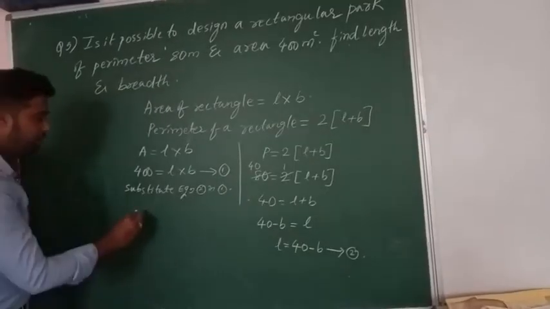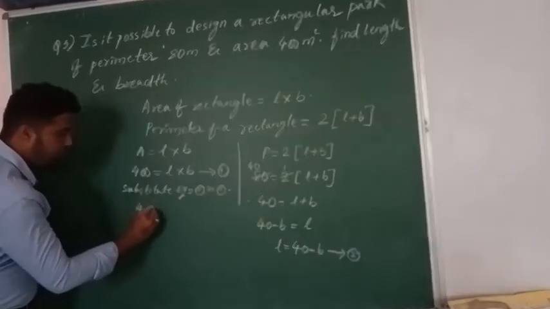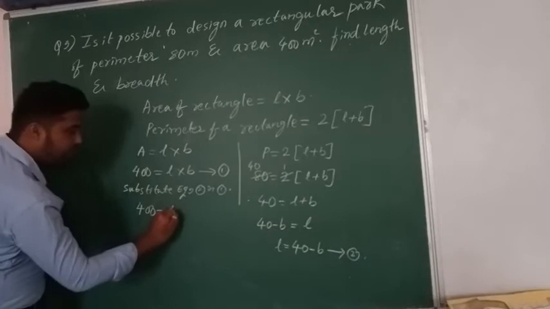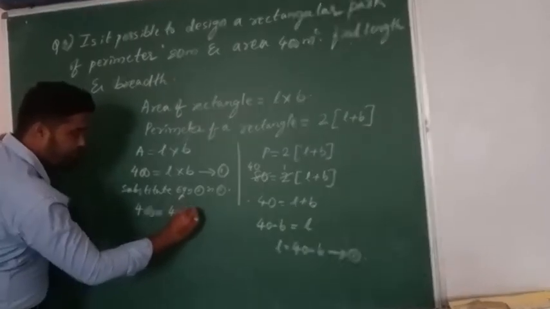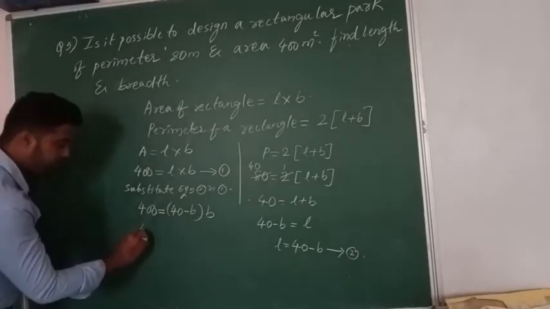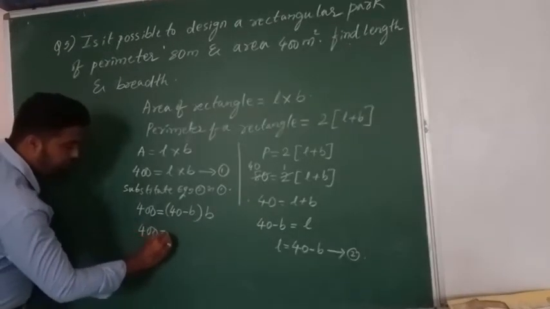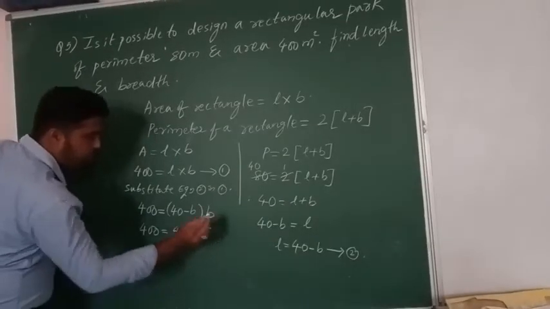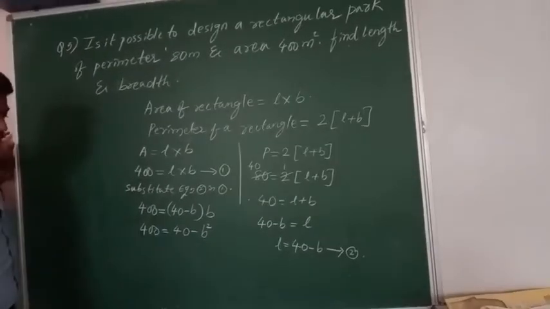What about equation 1? It is 400 which is equals to L, that is 40 minus B, out of the bracket B. Let me solve this. This becomes 400 which is equals to 40B minus B square. Let me arrange in the proper form.